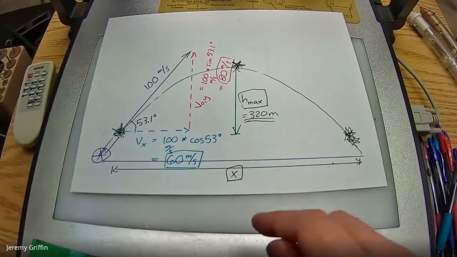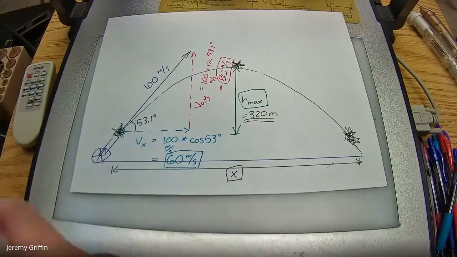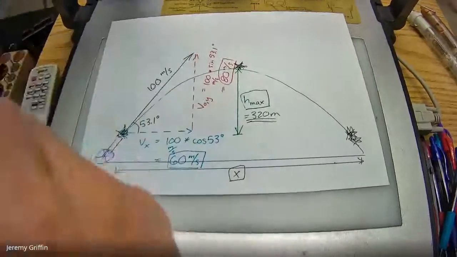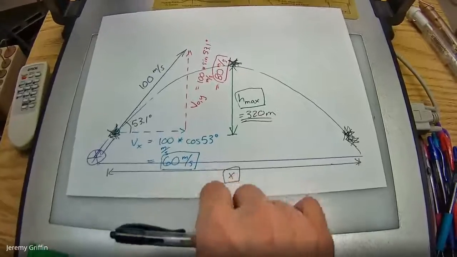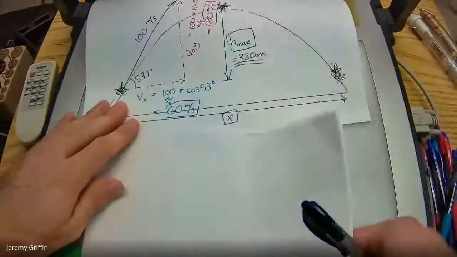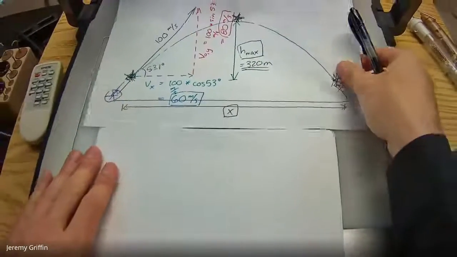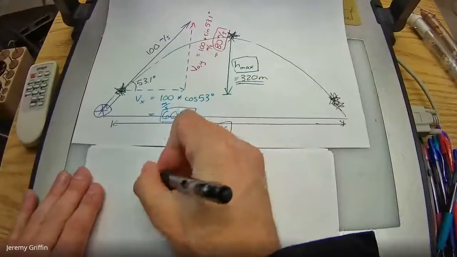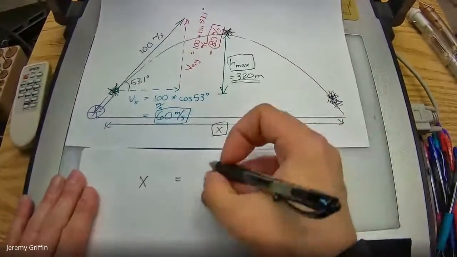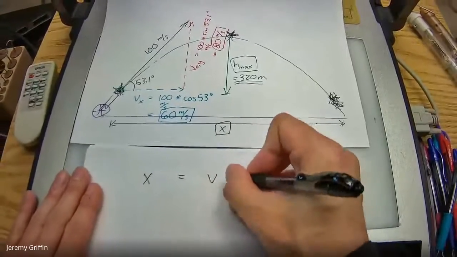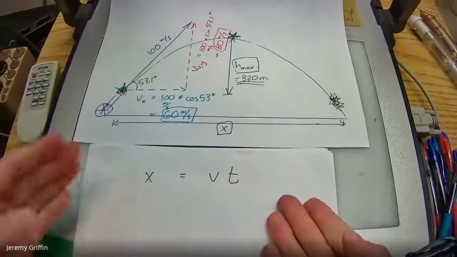We're about to get the final answer, because now we have to go to horizontal information. I want to know x. What is x going to be? And because horizontally there's no acceleration, isn't it just always going to be some version of this formula, x equals vt?